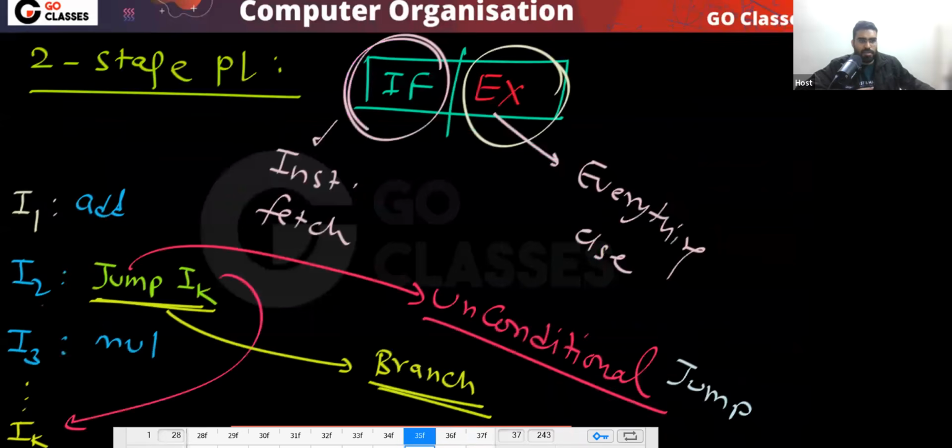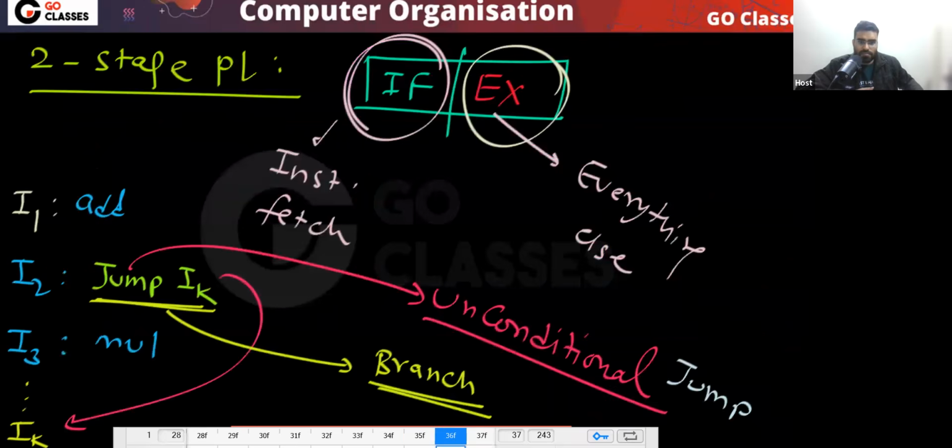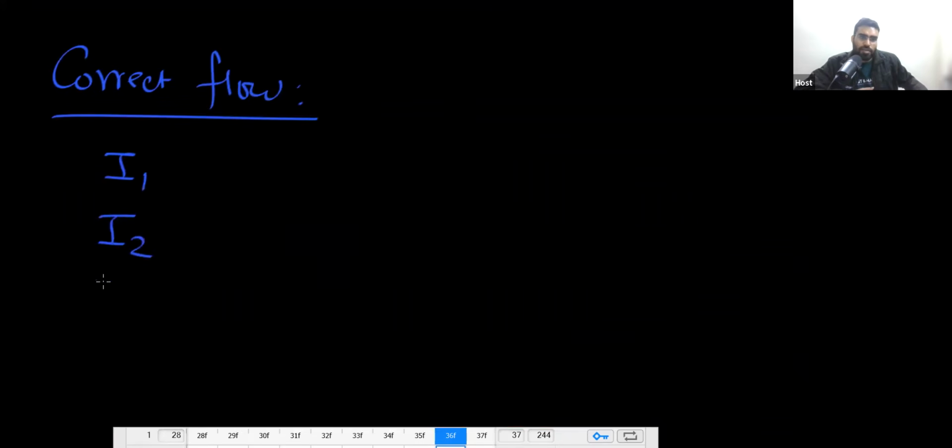Actually, what should happen is that after I2, you should go to IK. This is the correct flow: I1, then I2, then IK.